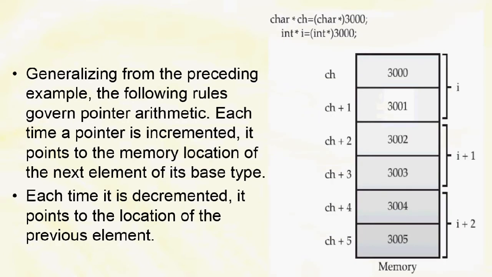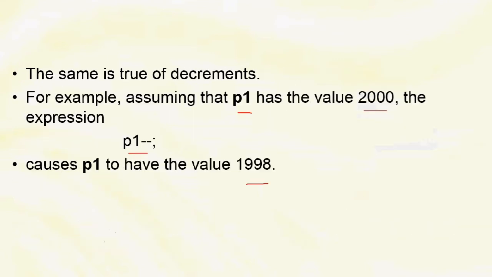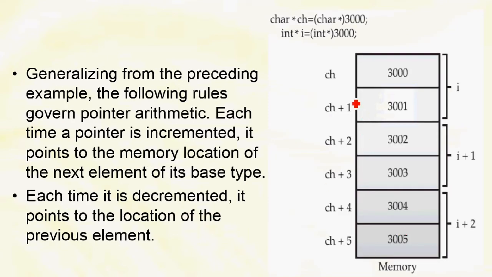What we explained here, increment and decrement, is given in terms of a diagram. Here, instead of an integer pointer, a character pointer is used. Char is the data type, star indicates a pointer, and ch is the name of the pointer. Initially its location is 3000. When ch plus 1 is used, it is 3001, ch plus 2 is 3002, ch plus 3 is 3003, because it is a character pointer.